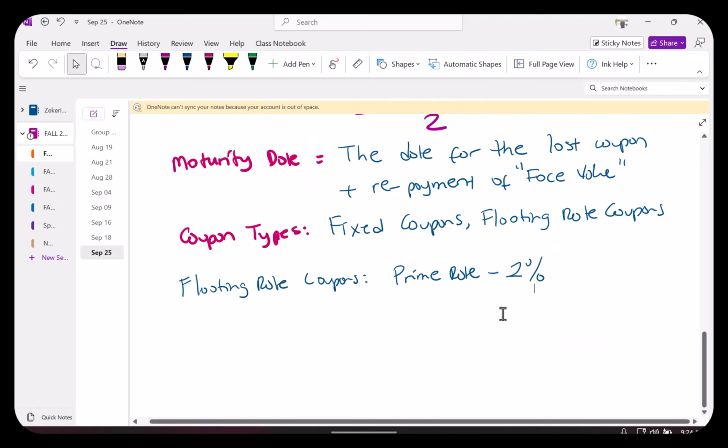And prime is typically, there is no guarantee that that has to be the case, I should say approximately 3% plus upper end of Fed funds rate.